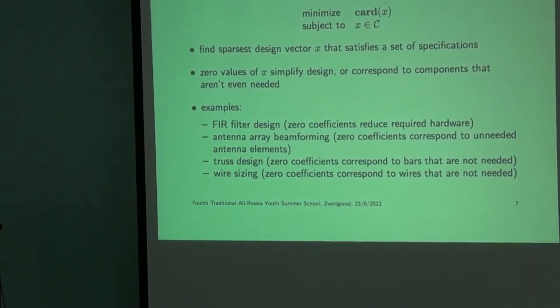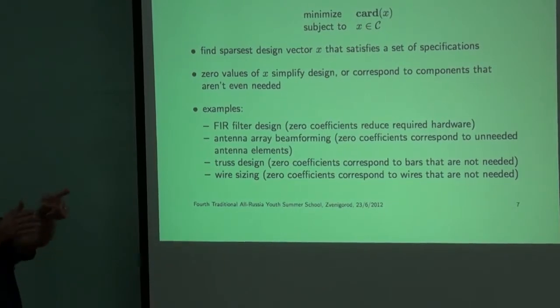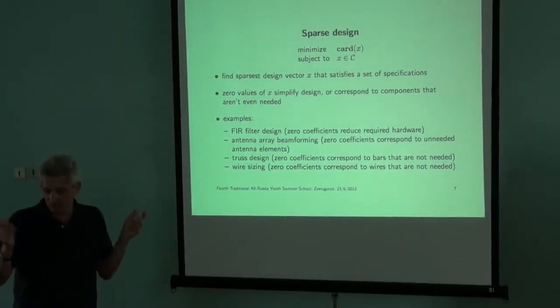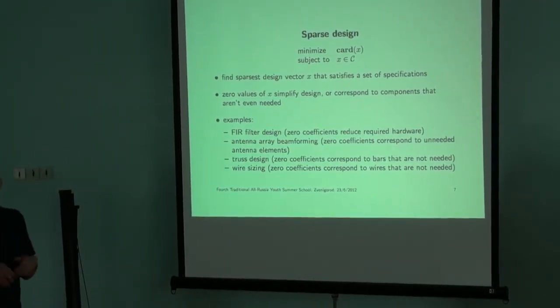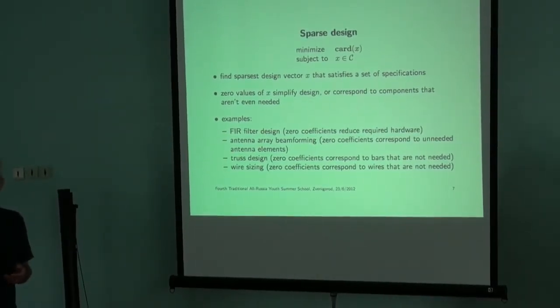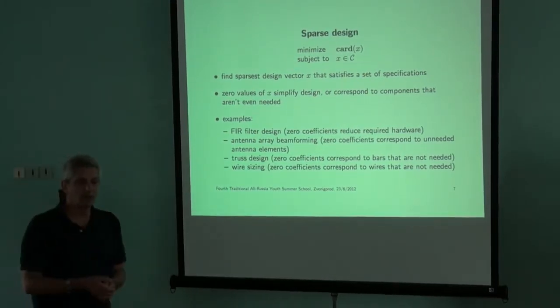Antenna array beamforming, that's very interesting. You have a bunch of antenna array elements, and you have weights that you're going to combine them with to get a beam shape, so you want to receive a signal from this direction, but not from these directions, right? And that's a convex problem. But the idea is if you have a sparse weight vector, a zero weight corresponds to an antenna element that you don't even need. So the way you do this is you make an array.